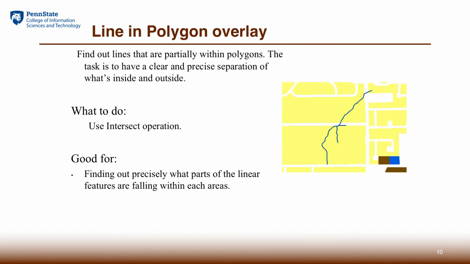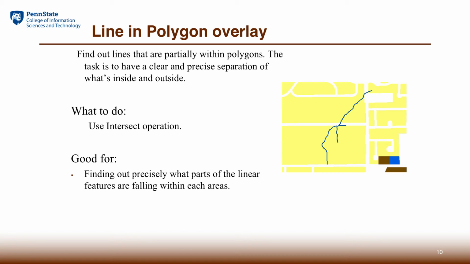We may also be interested in finding out how line features fall inside, either fully or partially, areas or polygons. In this kind of situation, we will usually do an intersect operation, using the boundaries of the areas to cut the linear features into segments so that each segment will only fall into one area.